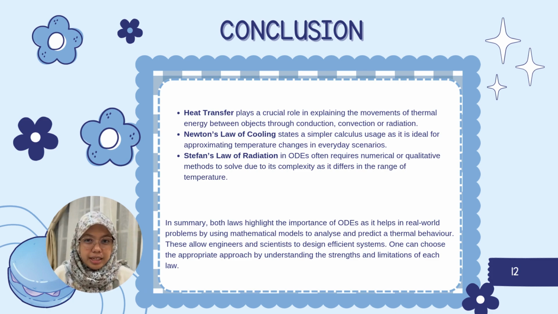To create a better design, they need an appropriate approach of how to use the strengths of these two laws and the limitations that they have, so that they can provide a better design in the industrial world.